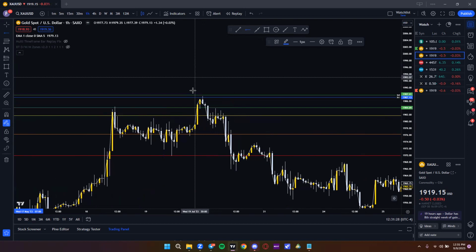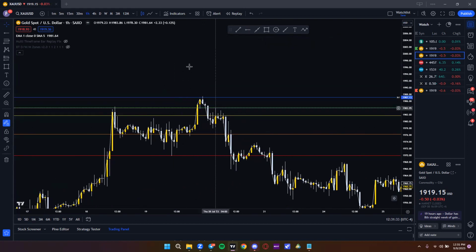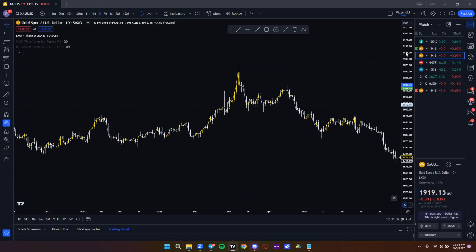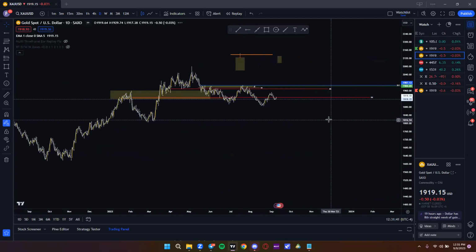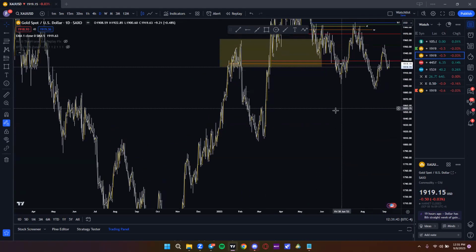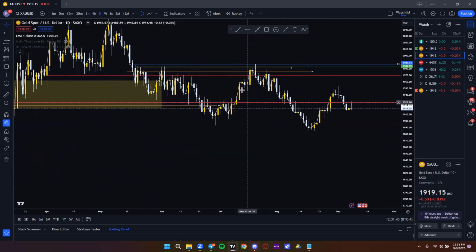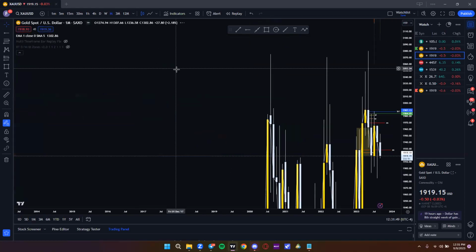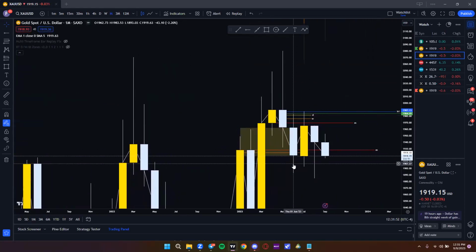It was the H1 level that got rejected, and I took the entry actually. But you can see that when you set the market flow again, you would have been overall monthly bearish.